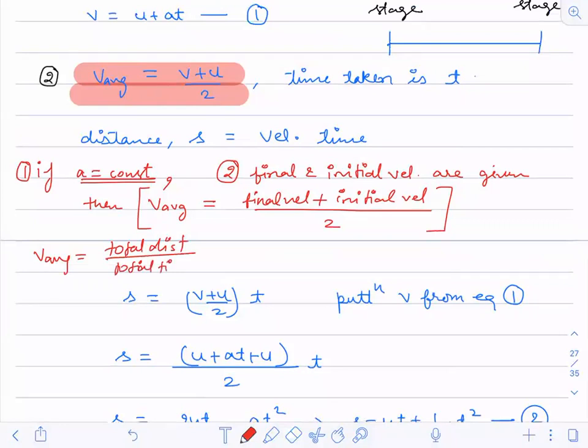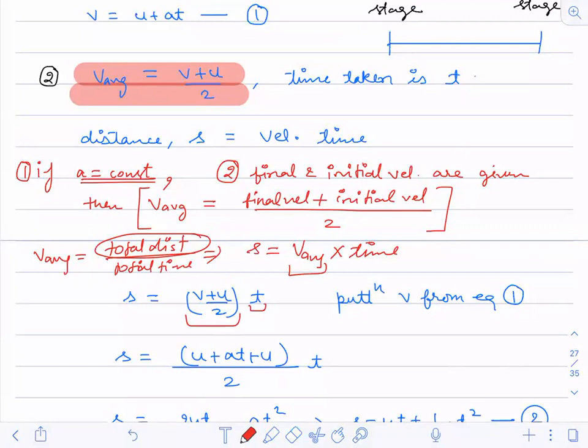Yes. So suppose the total distance traveled is S. S will be given as average velocity into time. The value of average velocity is V plus U by 2, and the time taken is T.